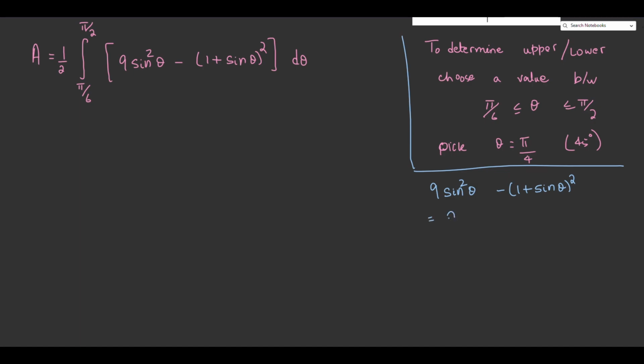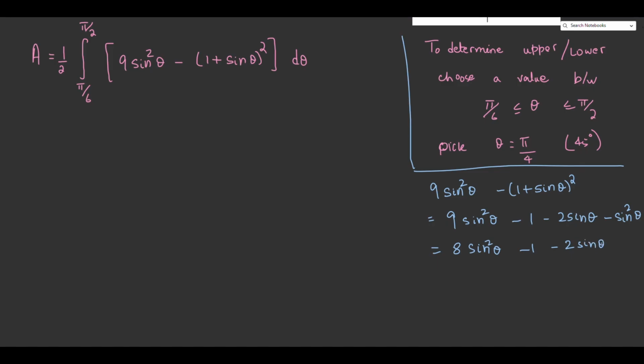We expand with the formula (a plus b) whole square, so that gives 9 sine square theta minus 1 minus 2 sine theta minus sine square theta. The first and the last term add together and give us 8 sine square theta minus 1 minus 2 sine theta.